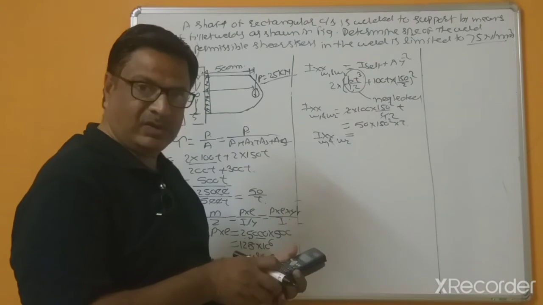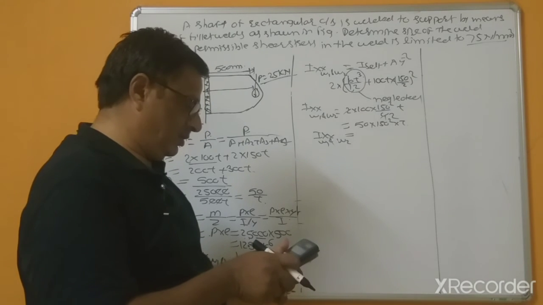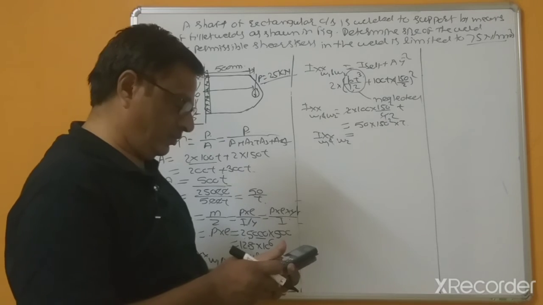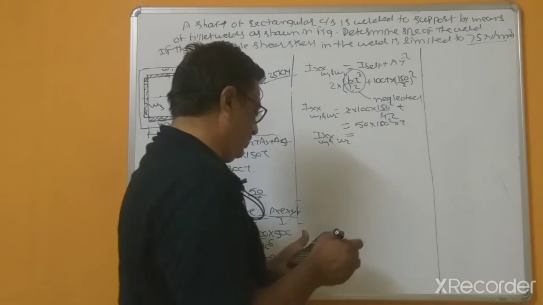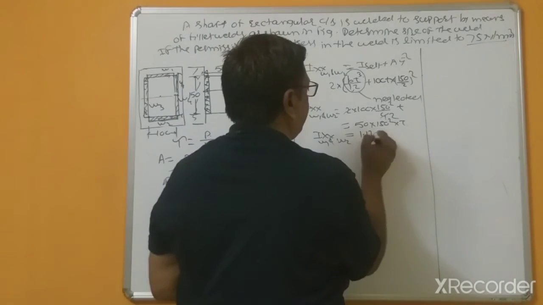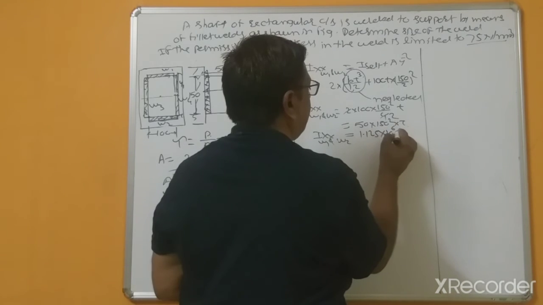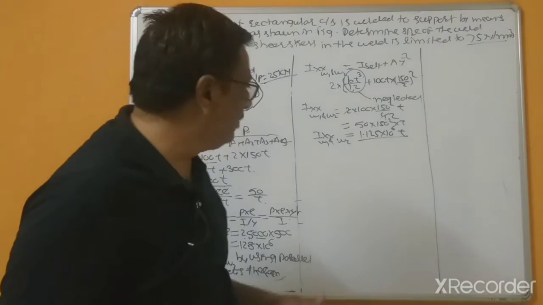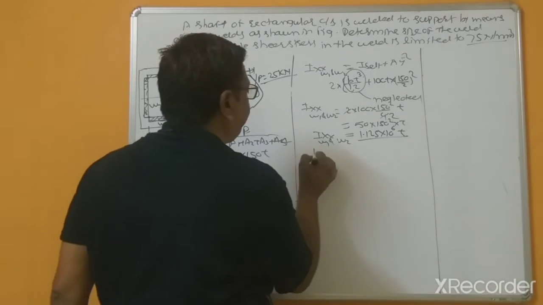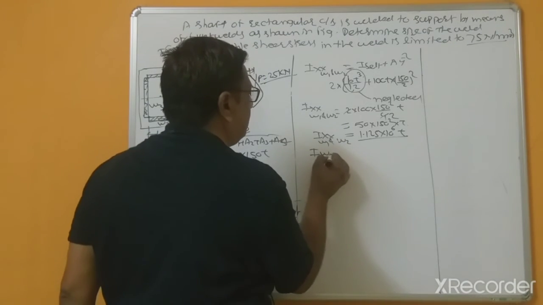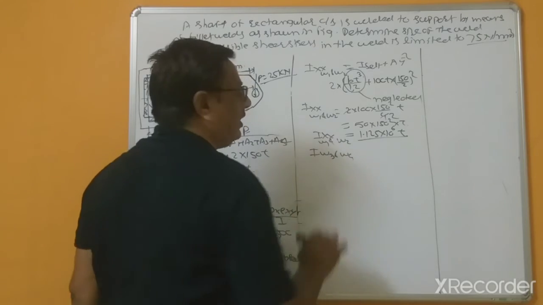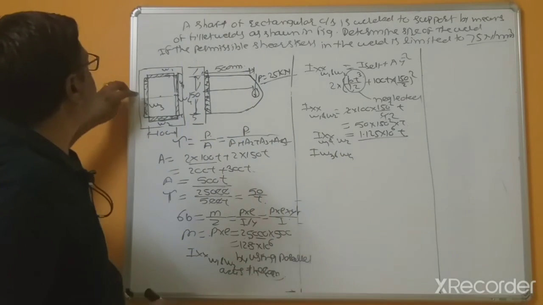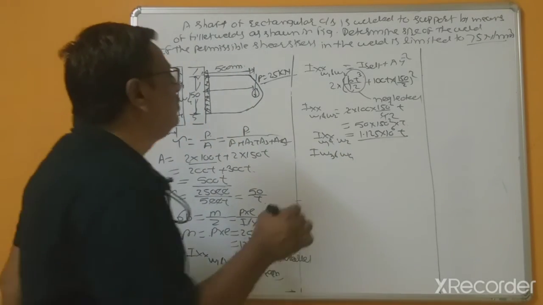Into 150 squares, this is equal to 1.125 × 10^6 T. Similarly, the moment of inertia of the third and fourth weld.